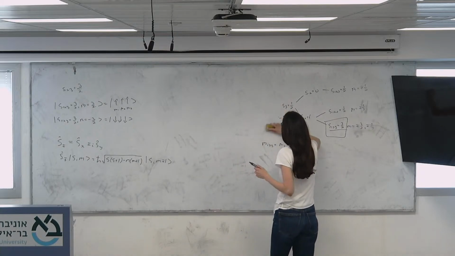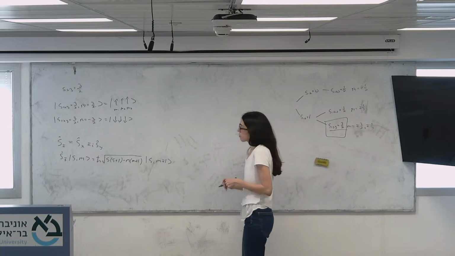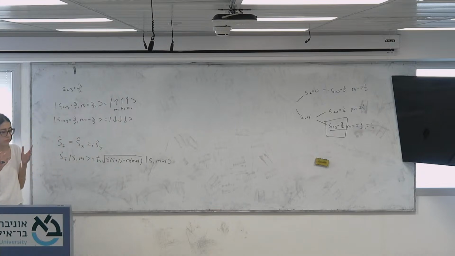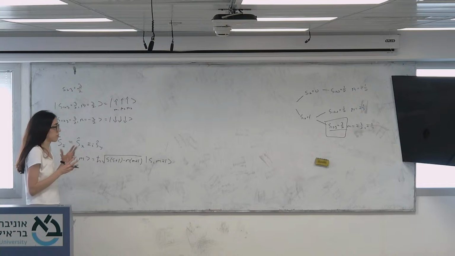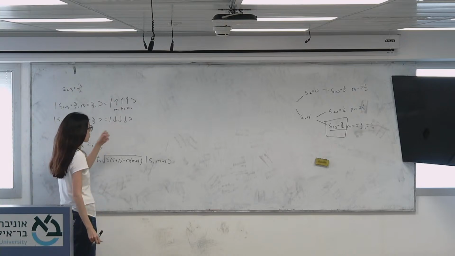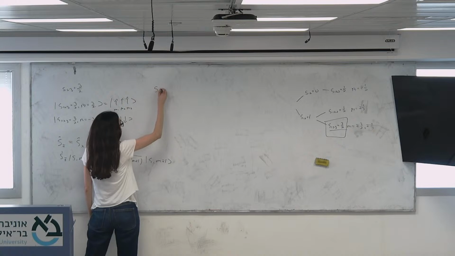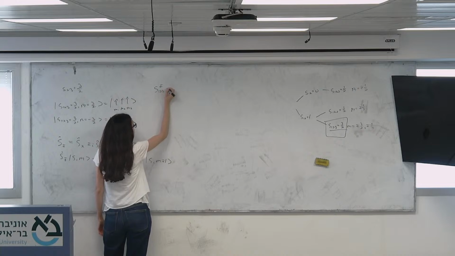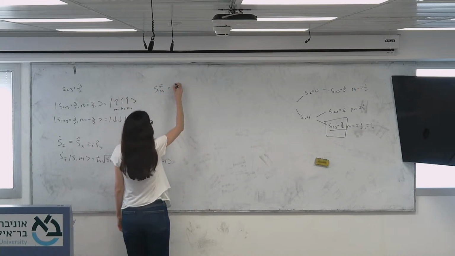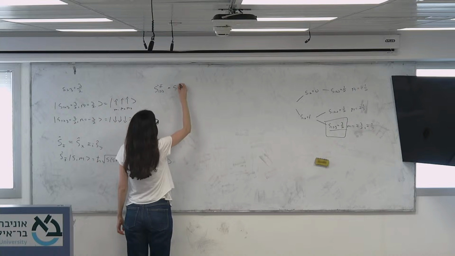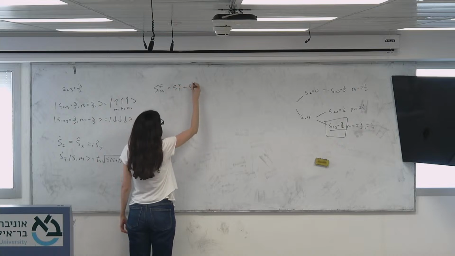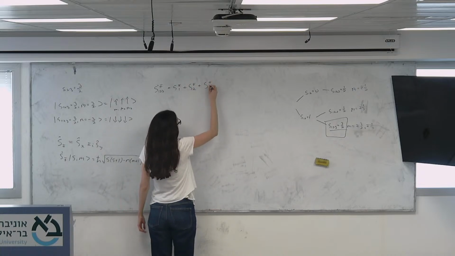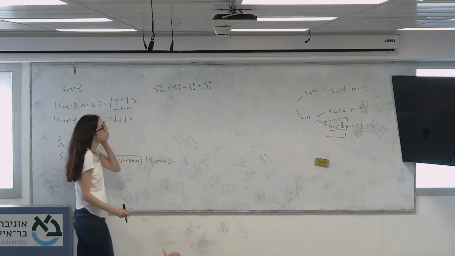Since we have three different parameters, the degrees of freedom for S1, 2, and 3, we define S plus minus 1, 2, 3, which is S plus minus 1 plus S plus minus 2 plus S plus minus 3.